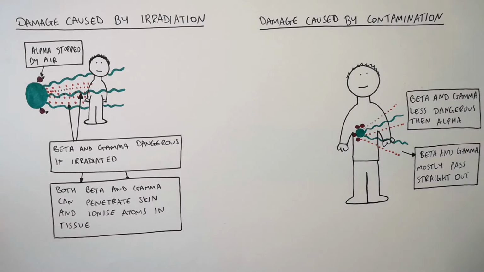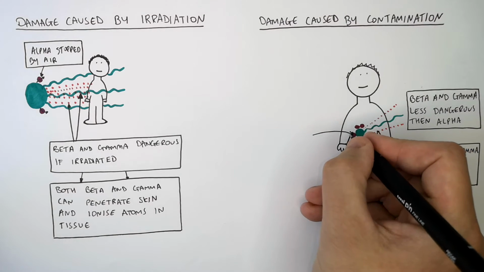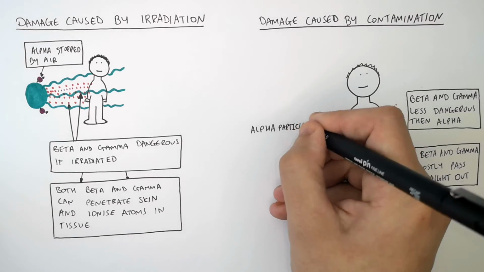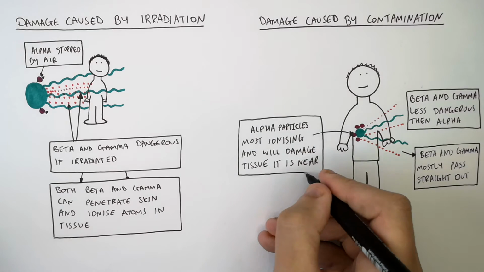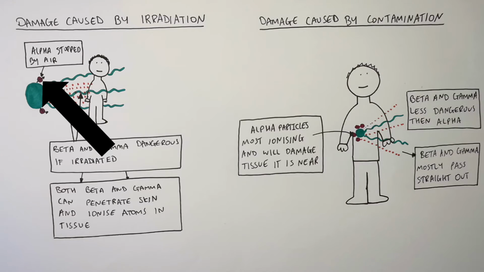However, it is the alpha particles that are going to do the most damage to the localized tissue around the alpha source. This is because alpha particles are most ionizing and will damage the tissue they are near. So alpha particles are most dangerous if you are contaminated by a radioactive source. Alpha particles are not that dangerous if you are irradiated by a radioactive source.